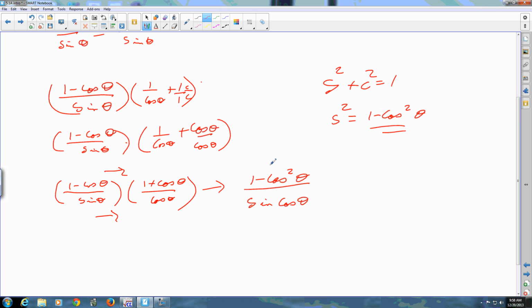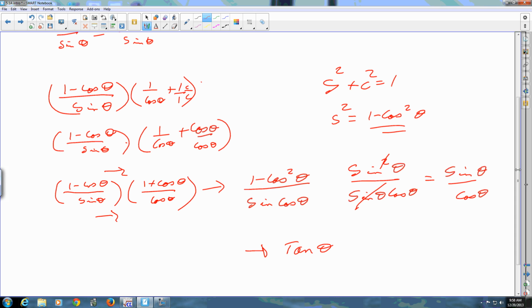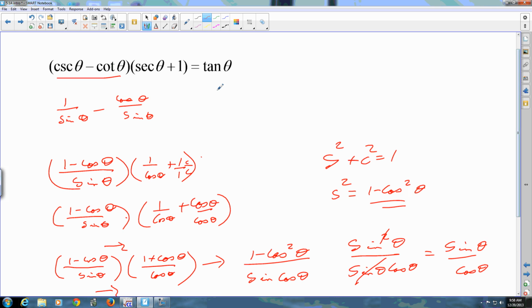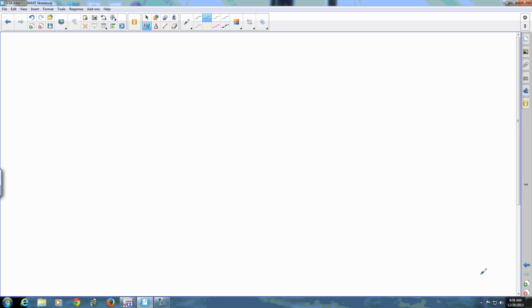So the top is worth sine squared over sine cosine. This is going to reduce, so you've got sine over cosine, which becomes tangent, which, if I'm not mistaken, is what you wanted. Okay, I believe that's the last slide.